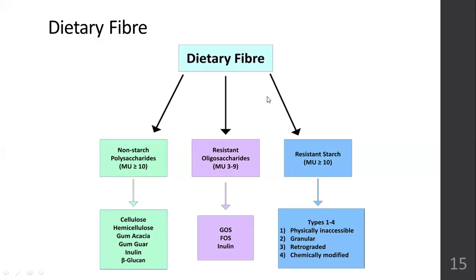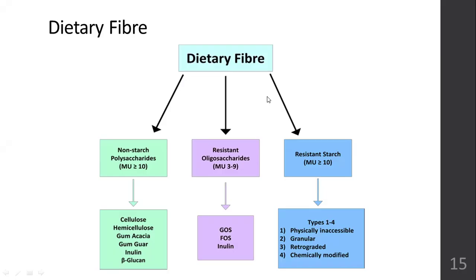And resistant starch as well, they stay back and get fermented in your intestine. So these are the three main classifications of dietary fiber, but usually we use the soluble and insoluble classification, which is the functionality of the dietary fiber.